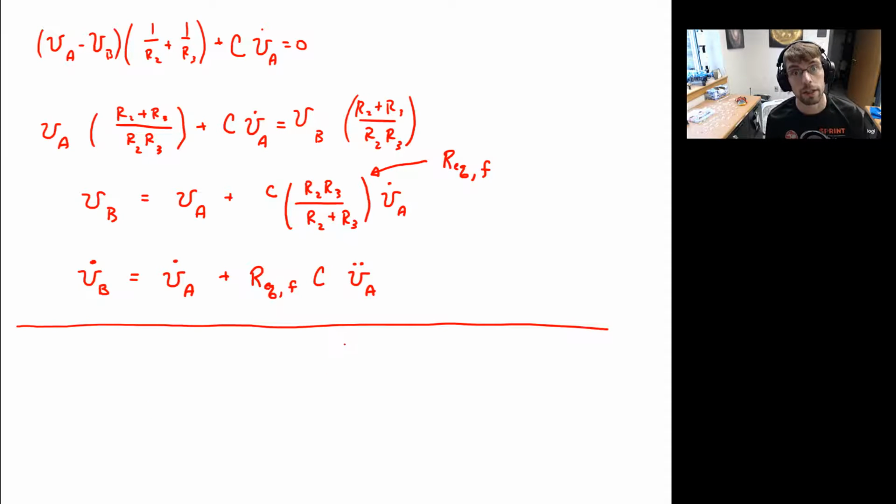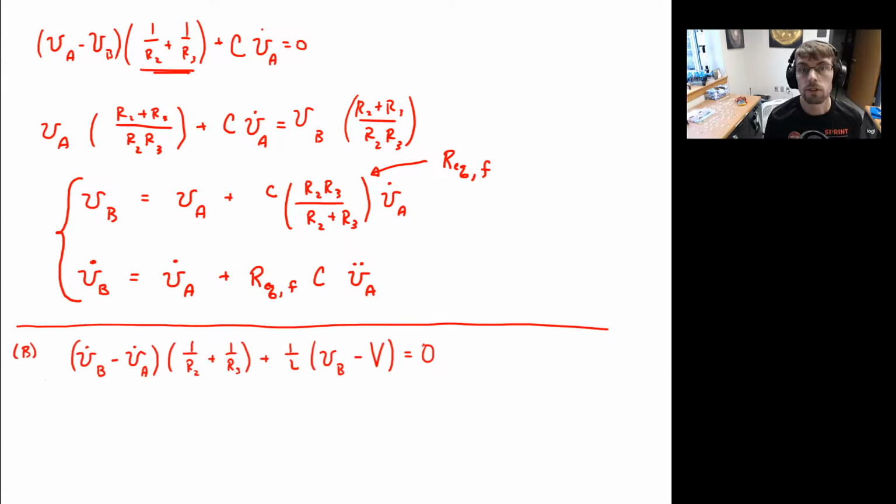Well, now we're at a situation where we'll have to take these two expressions and substitute them into the node B equation. Okay. It's going to be a little bit longer. We should be able to combine stuff. So what we now can do is substitute those in. And keep in mind, this expression that I have underlined here is just 1 over REQ final.